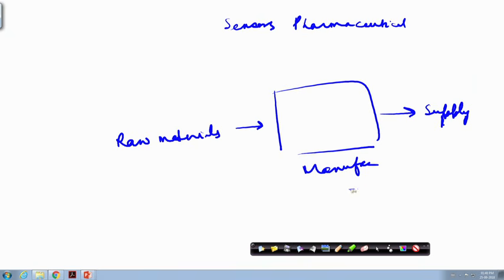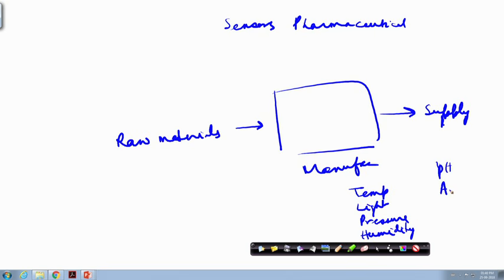So, let me just write the names of some of these sensors. So, temperature sensor, light sensors, then you have pressure sensors, maybe humidity sensor, and if you have some kind of chemical reactions, chemical sensors for detecting maybe the pH level, right.